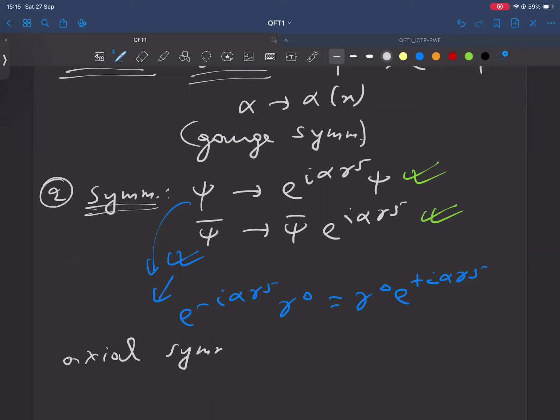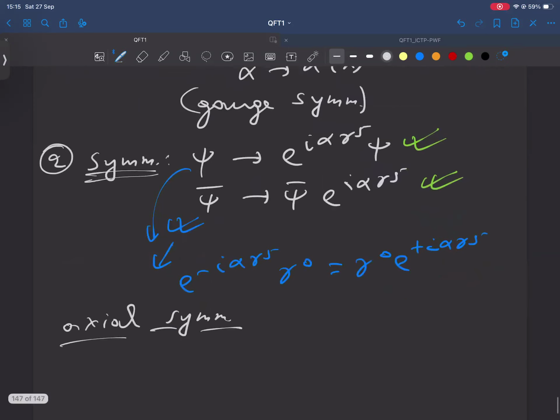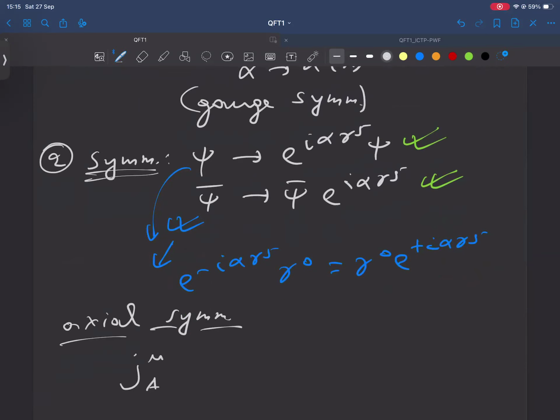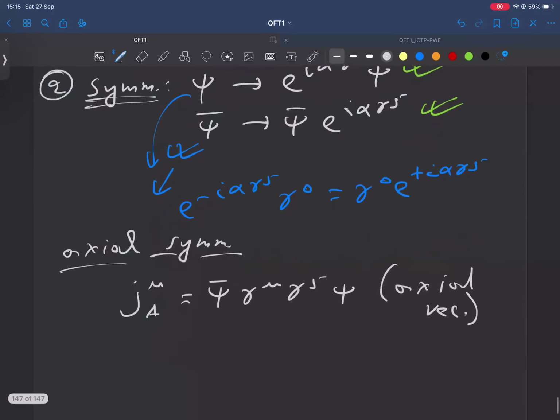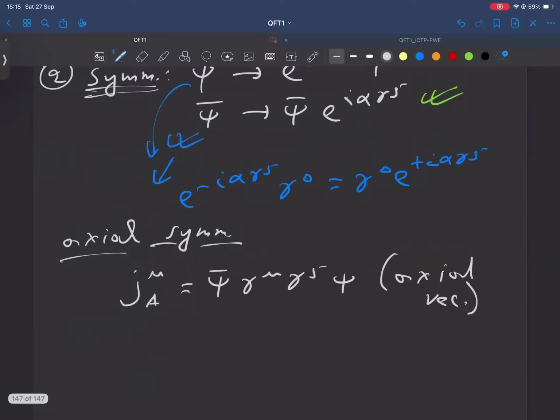And the reason being, because note that the current that you will get here will be psi bar gamma mu gamma 5 psi, which we called as an axial, or I said you can call it a pseudo vector. Okay. But you see, the problem of calling it pseudo vector was this would have become a pseudo symmetry, but actually this is a true symmetry. And hence people didn't call it pseudo vector, they called it axial vector, because it leads to a symmetry, which is called the axial symmetry.